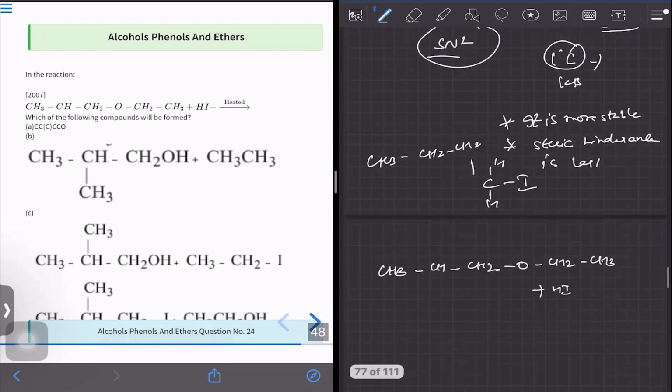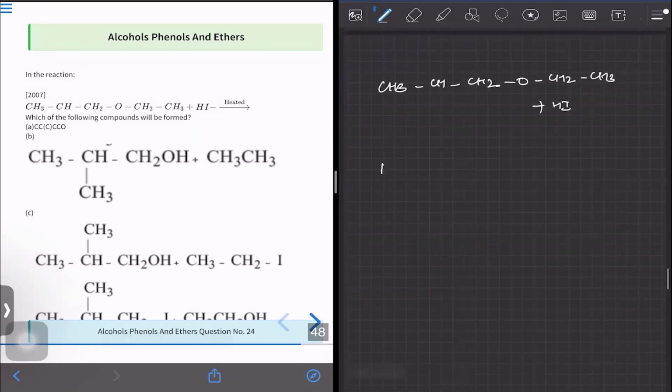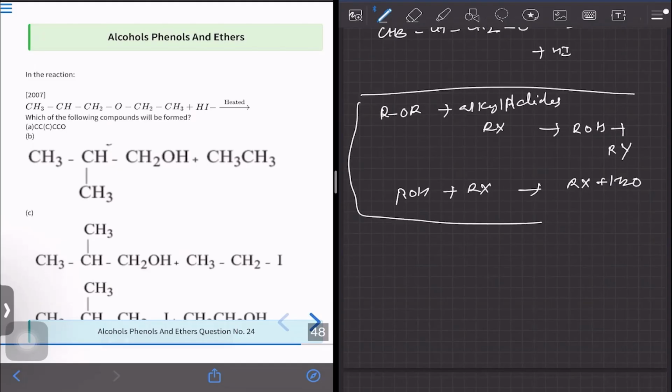Now we saw that whenever an alkyl ether reacts with alkyl halides, that is RX, in the first reaction it produces ROH plus RX, and in the second reaction it produces RH plus H2O. This is the reaction whenever alkyl halides react with ether.